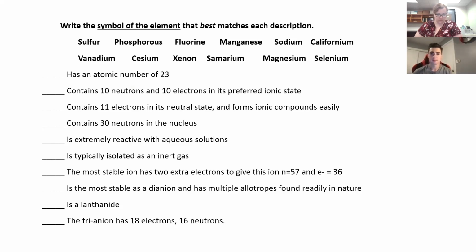Chromium has atomic number 23. Oh, vanadium. Vanadium. There you go. I was looking at the one next to it. No worries. Okay, contains 10 neutrons and 10 electrons in its preferred ionic state.